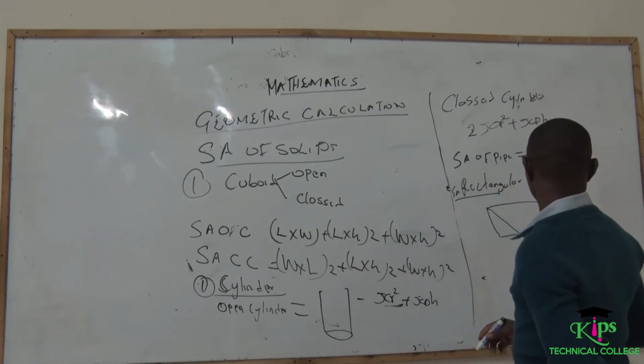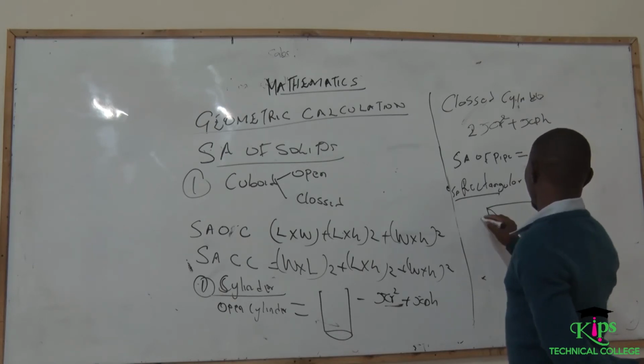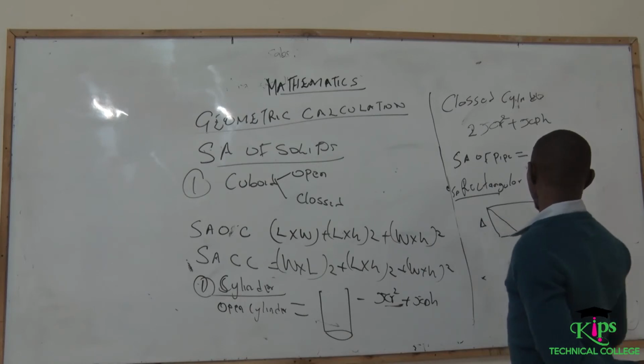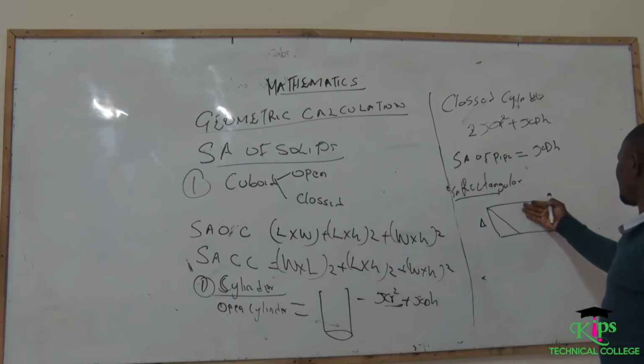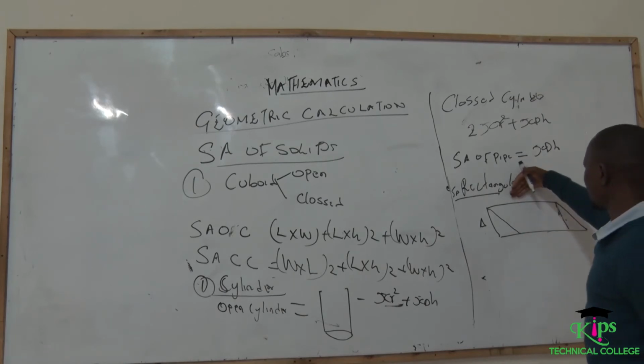It looks like that, meaning there are two triangles that we are having. We have this triangle, there's another triangle, then we have the rectangular surface which is on the bottom, then we have one at the back.